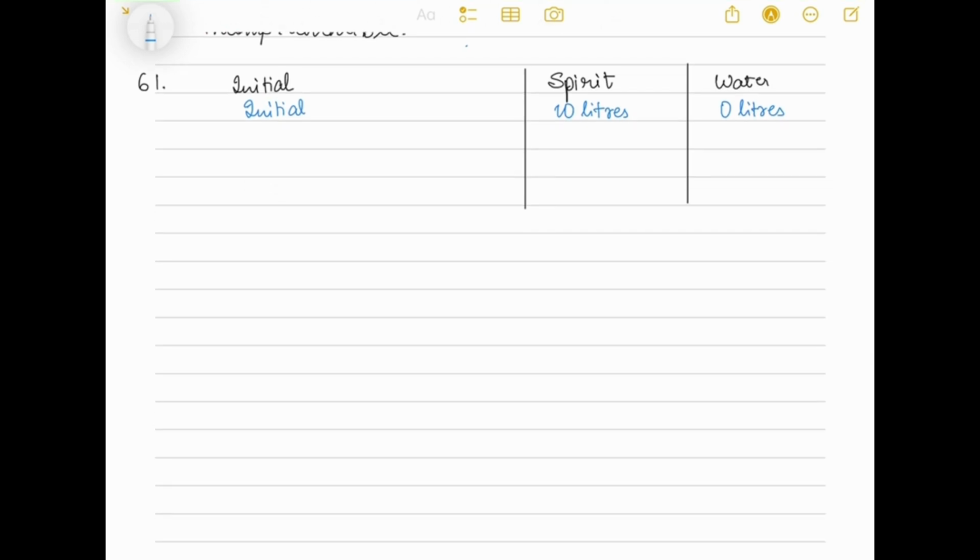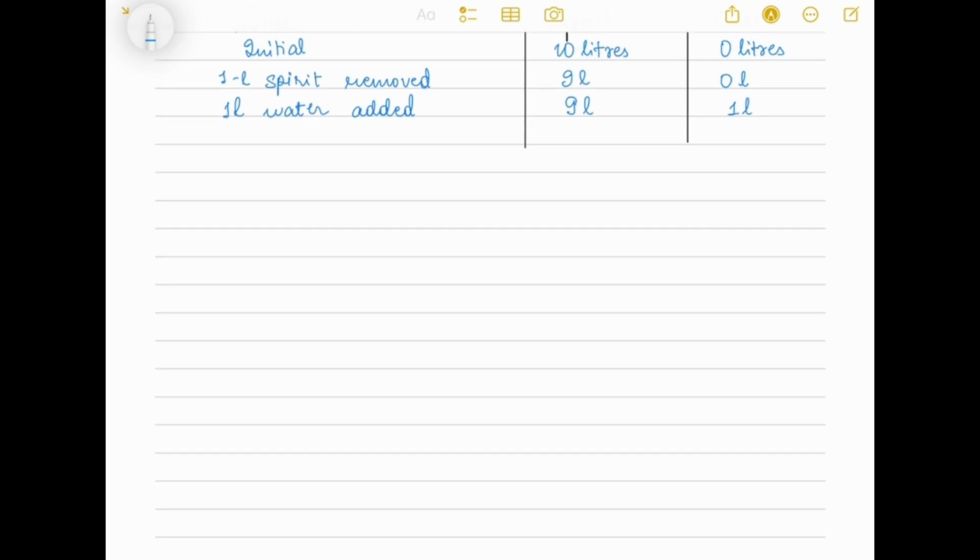So upon replacing, what happens is that 1 liter of spirit is removed. So when 1 liter of spirit is removed, it becomes 9 liters here, and right now we are only considering when it has been removed, and then 1 liter of water has been added. So when it has been added, the spirit becomes 9 liters, water becomes 1 liter.